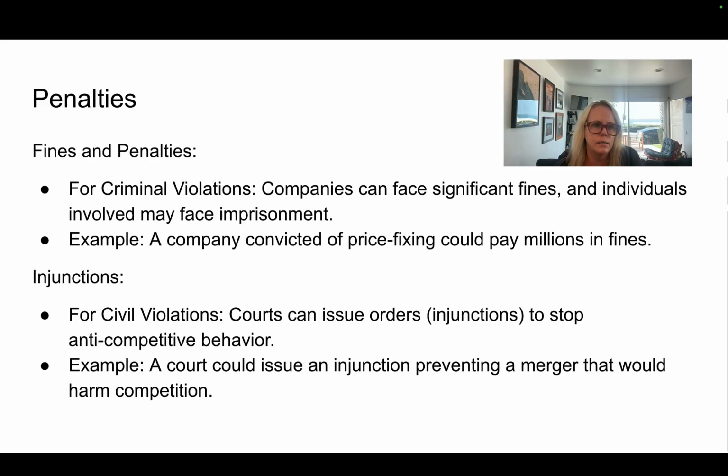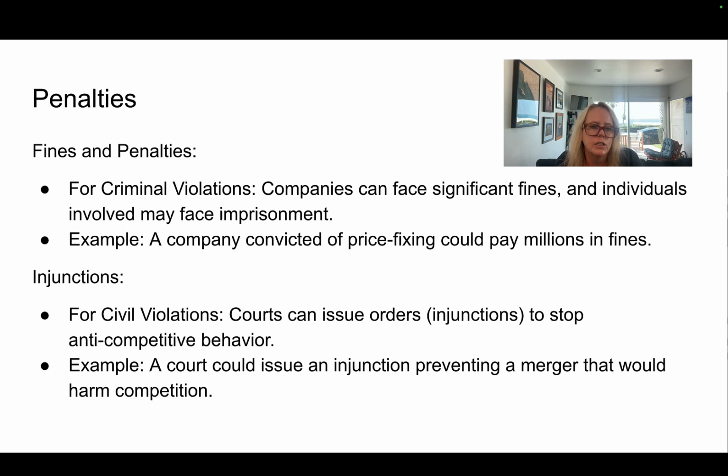So what are the penalties? Fines. For criminal violations, companies can face significant fines. Individuals could be imprisoned. You don't imprison companies, though. Companies face fines, or in extreme examples, they might be forced to disband, or they might lose their corporate protections.